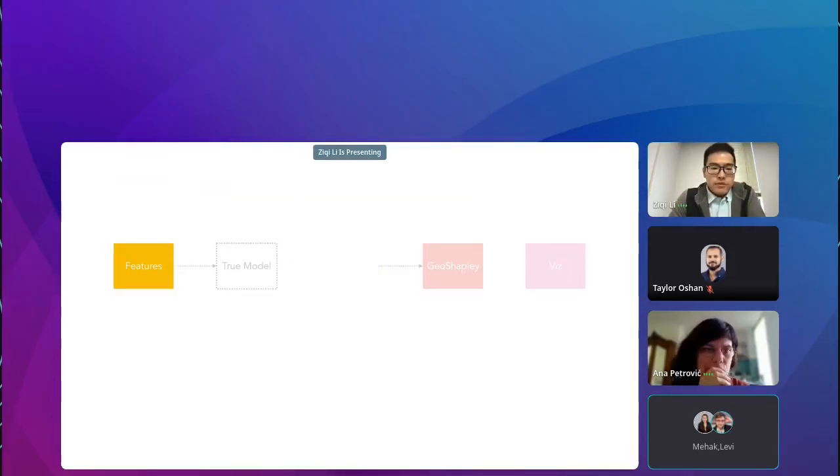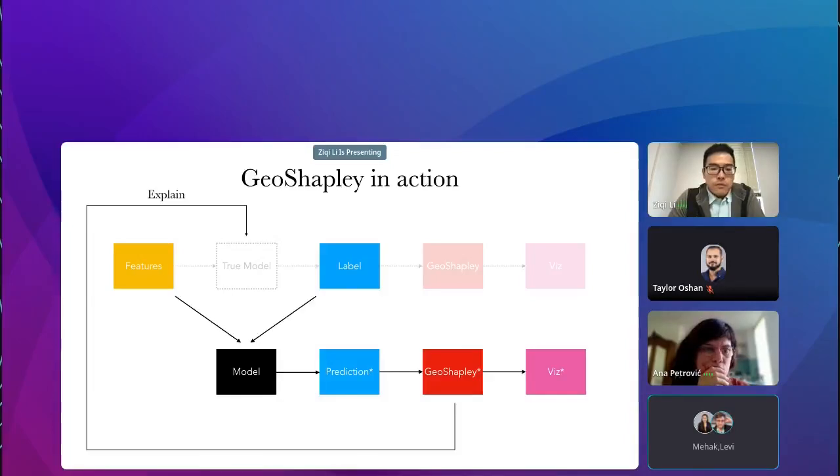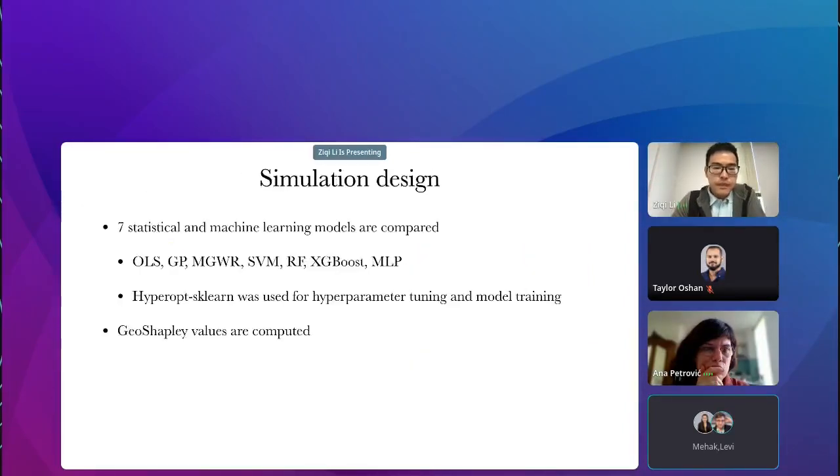In reality, we don't have this true model. We only have the real data, which is a black box that generates a certain prediction. Then we can calculate the Geo-Shapley to infer or explain what is happening within this true model. Based on the same simulation data, I tried seven statistical and machine learning models, including linear regression, Gaussian process model, multiscale geographically weighted regression, and some other machine learning models.